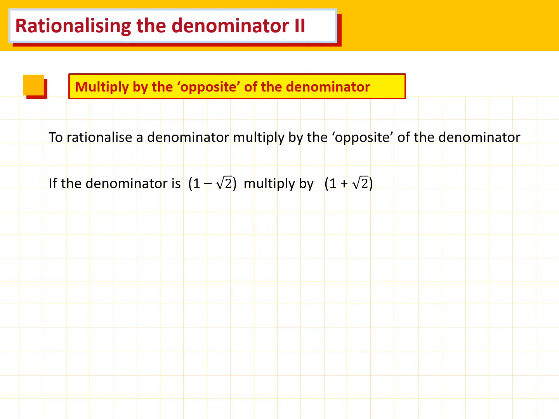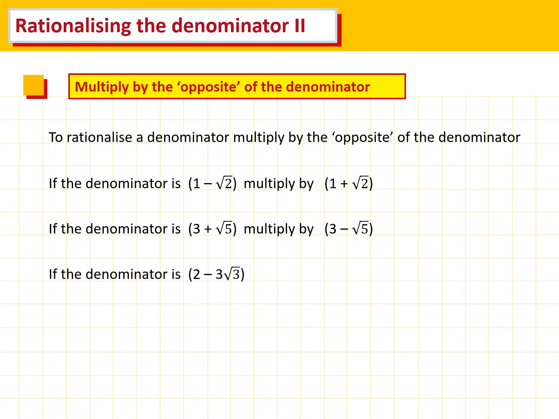Think of that as being the opposite of the original denominator. 3 plus root 5, we would multiply by 3 subtract root 5. And if the denominator is 2 subtract 3 root 3, can you think what we would multiply by? We would multiply by 2 plus 3 root 3. So let's see that in action.